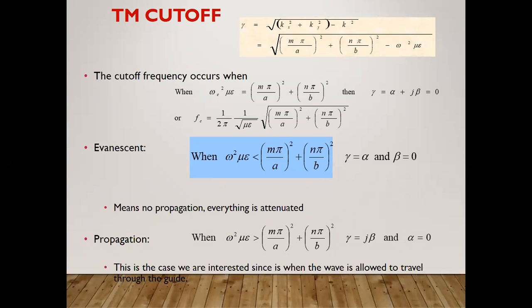So there will be parameters which we need to calculate. For example, the propagation constant, the attenuation constant, the phase constant, the impedances, the cutoff frequencies. So these are the things that we need to calculate.